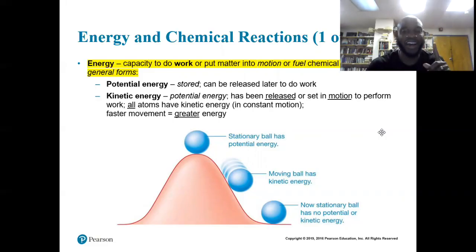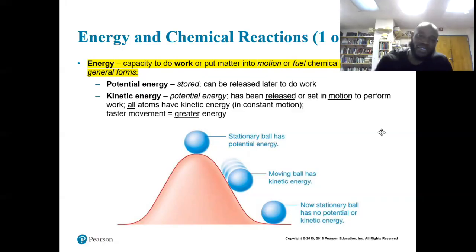Hopefully somebody just had an aha moment. You just were like, oh yeah, why doesn't that happen? That's exactly why. So we need to talk about the role that energy plays in chemical reactions. All right, so energy is the capacity to do work or put matter into motion or fuel chemical reactions.